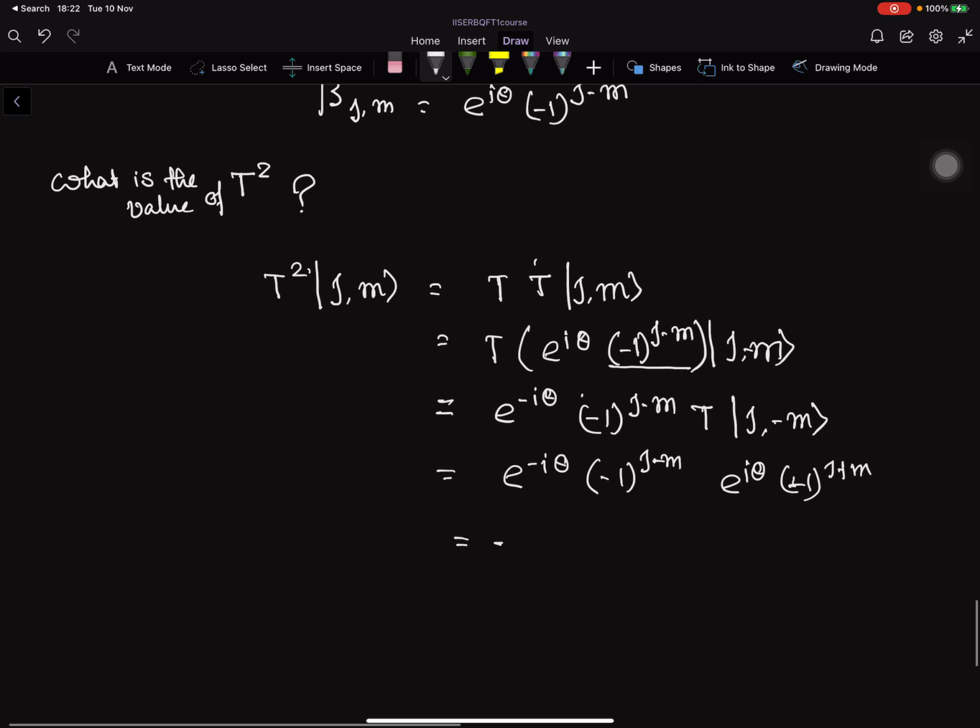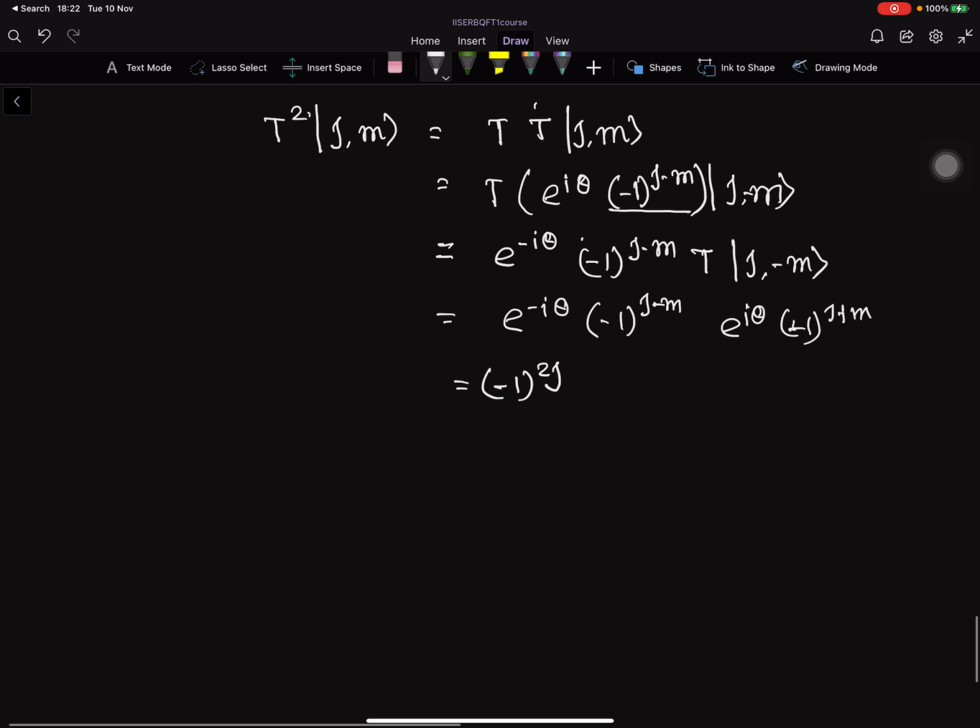Collecting everything, we get minus 1 to the power 2j. Okay, this is a very important equation: T square equals minus 1 to the power 2j.